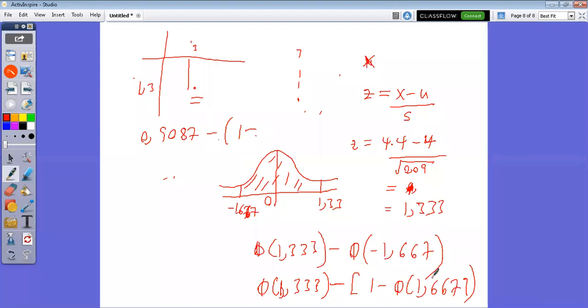Minus, okay, 1 minus. Now go and look for 1.667. What is it? 1.667, what do you get? 0.9522.